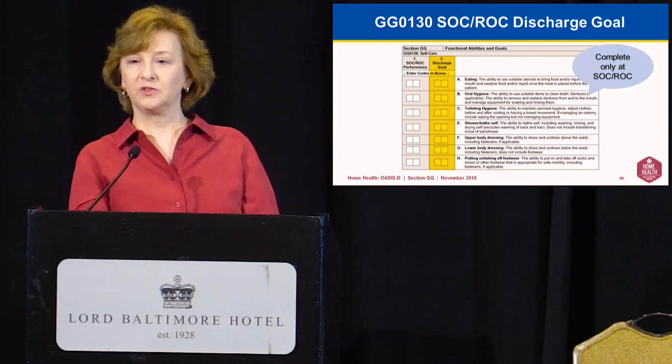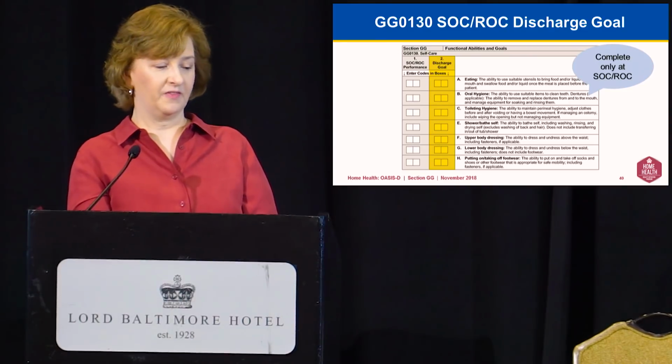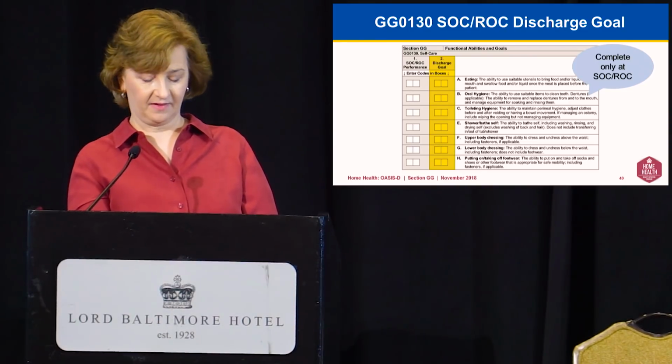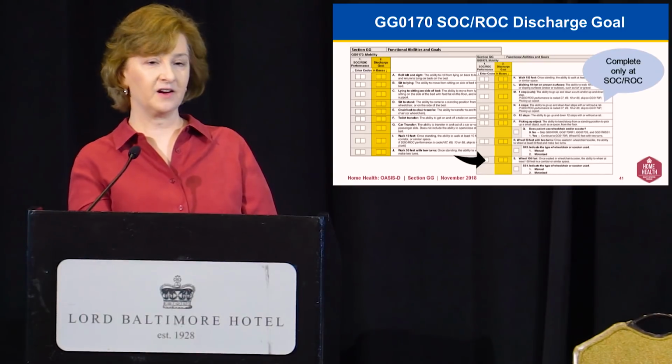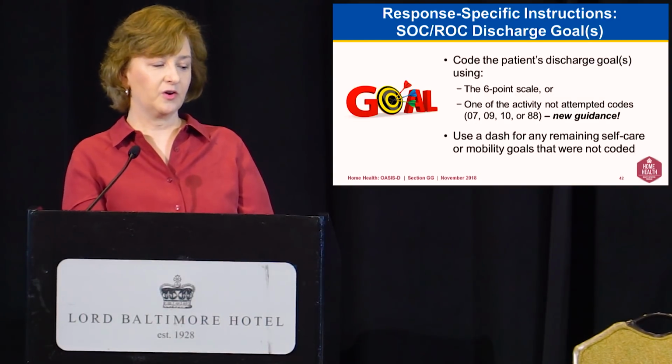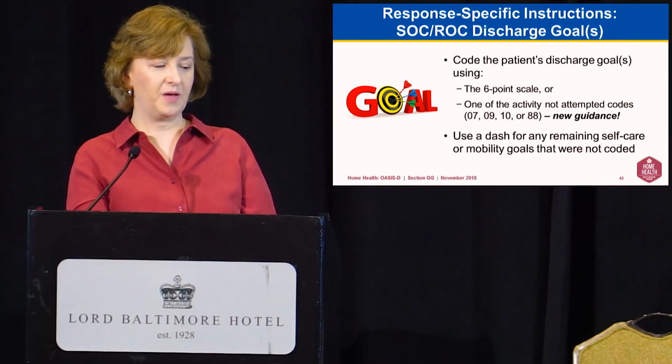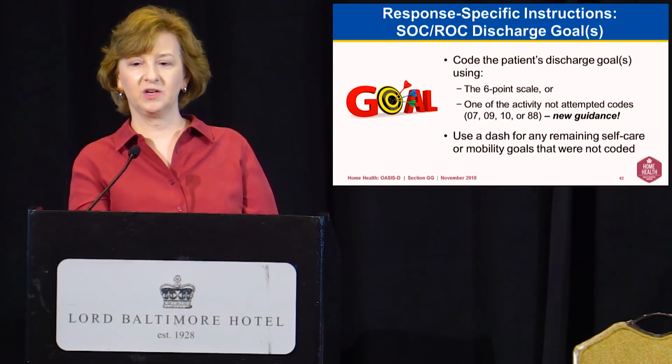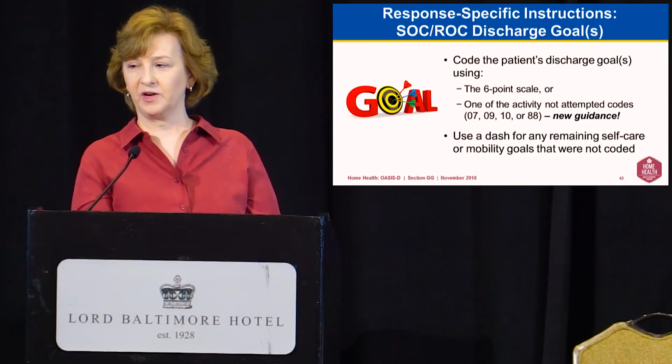As I mentioned, goals are also available on the SOC/ROC, in the second column for self-care as well as mobility. The patient's goals are coded using the 6-point rating scale.